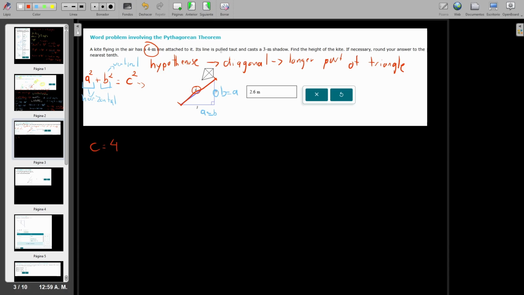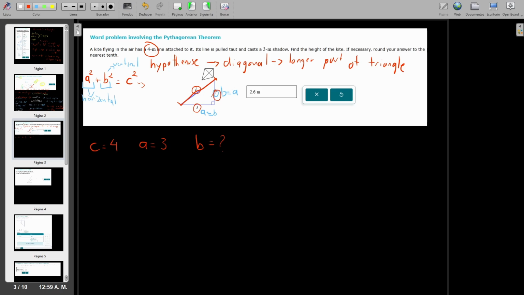And this line is pulled out and casts a 3-meter shadow, so the shadow of this line is going to be 3. Remember, a is going to be 3. Now we need to find the value of b, as we can see, the height of the kite. In this case, b, this one.